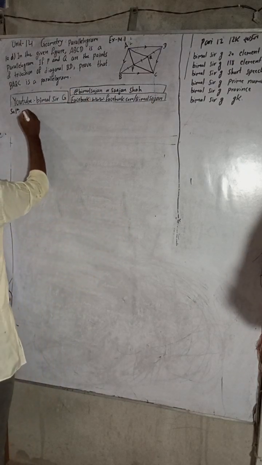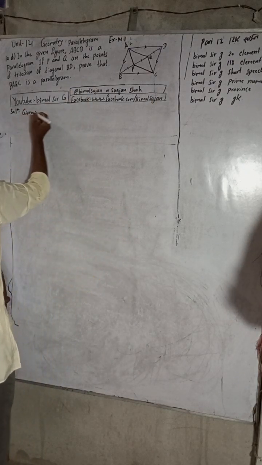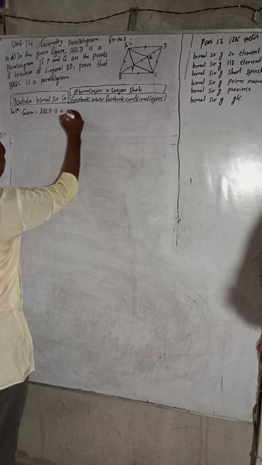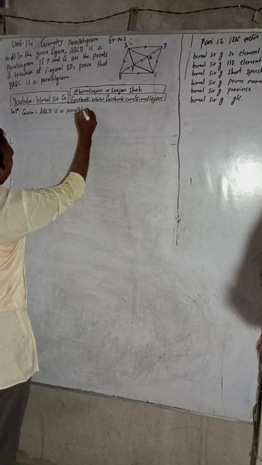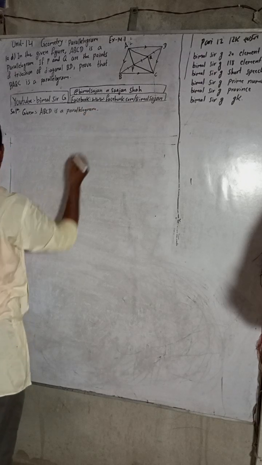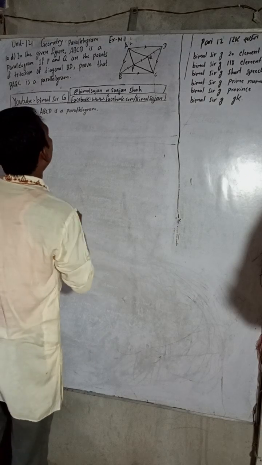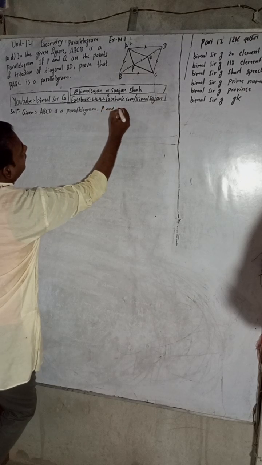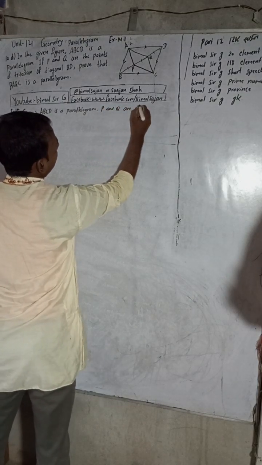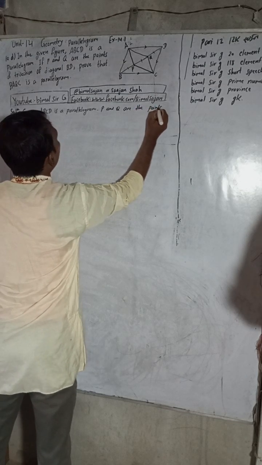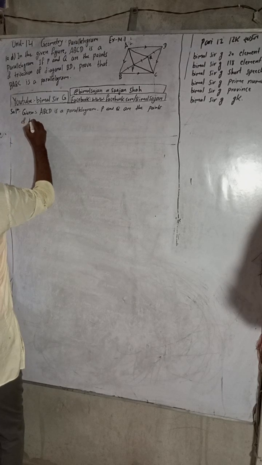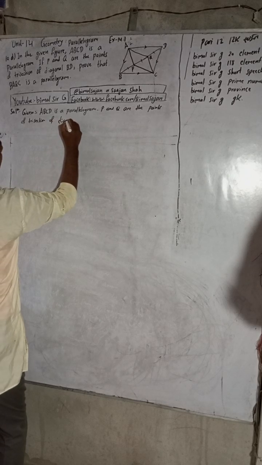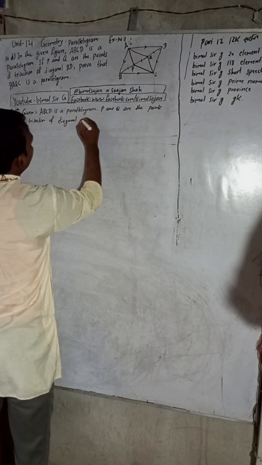Now I'll write the given parts. Given: ABCD is a parallelogram, and P and Q are the points of trisection of diagonal BD.